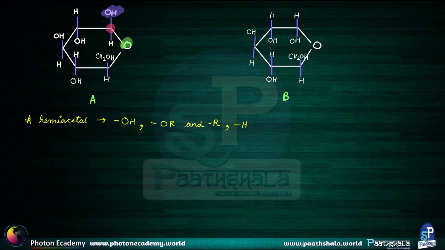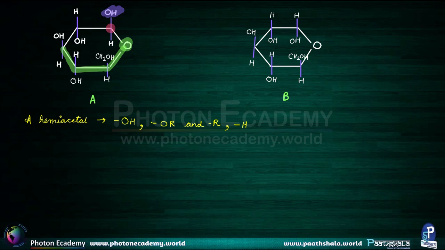This is an O, and the rest of this whole thing is the R for it. So I've got an OR group too. Then the next requirement was an R group. So this is an R group. And lastly, I needed an H group. So I can see that this carbon over here has all these groups present.